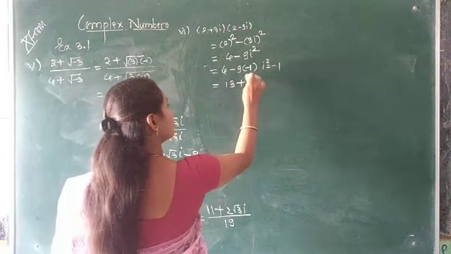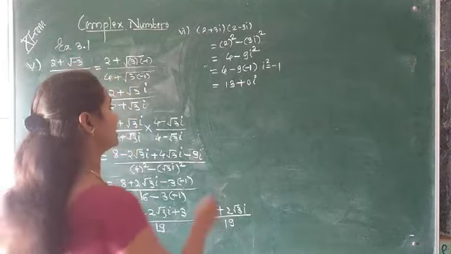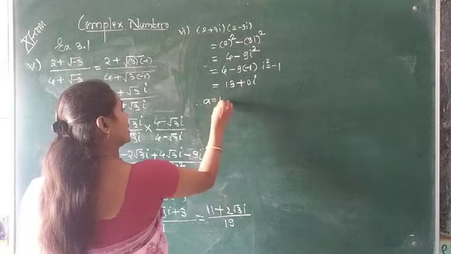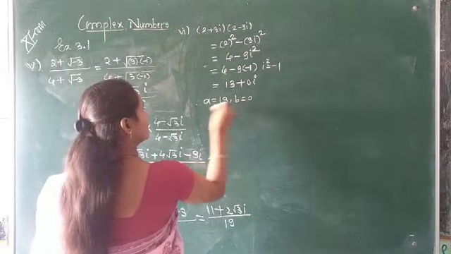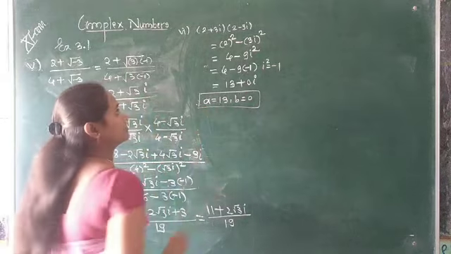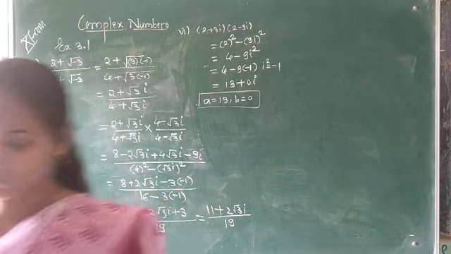So write this in the form of 13 plus 0i. Therefore a is equal to 13 and b is equal to 0. Now see the next question, question number 7.